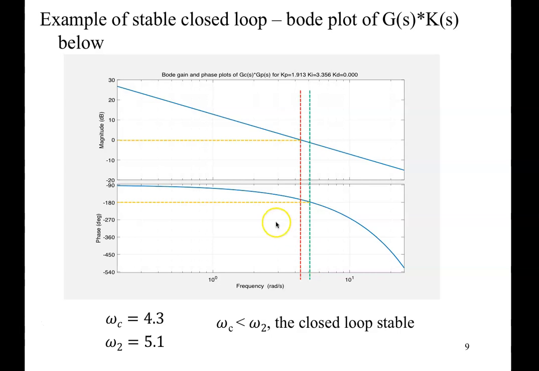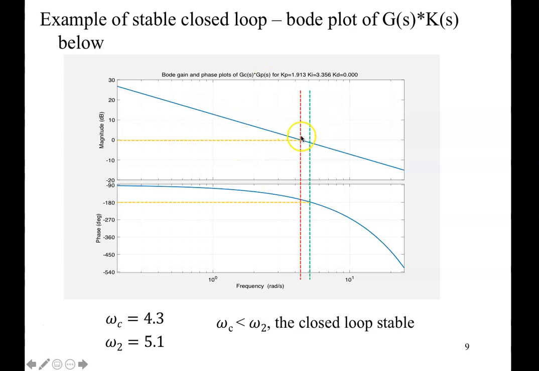So read that. Based on that, now we can read the values. The first thing I want to do is to find omega c. Omega c is where the magnitude crosses 0 dB. So you need to identify where 0 dB is. Draw a dotted line across until you see it intersects with the blue line, which is my magnitude plot.